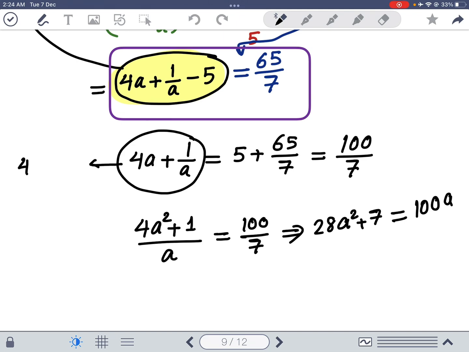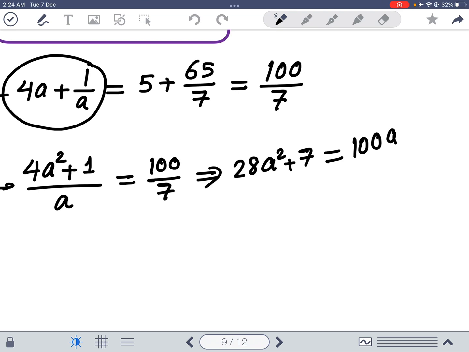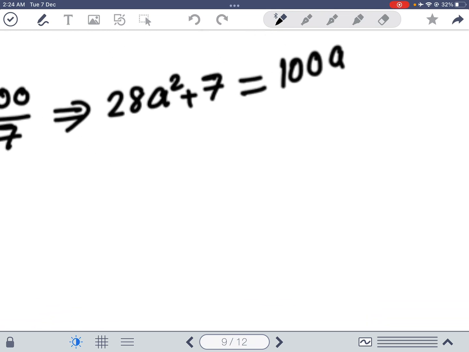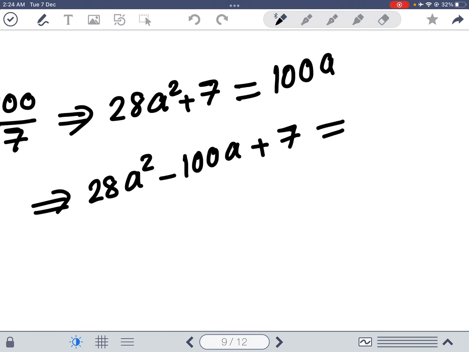It's just the 4a, you multiply it up and down by a: 4a times a is 4a squared over a, plus 1 over a, and now put one denominator, 4a squared plus 1. That's exactly what I got here. So bring 100a to the other side: 28a squared minus 100a plus 7 equals 0.